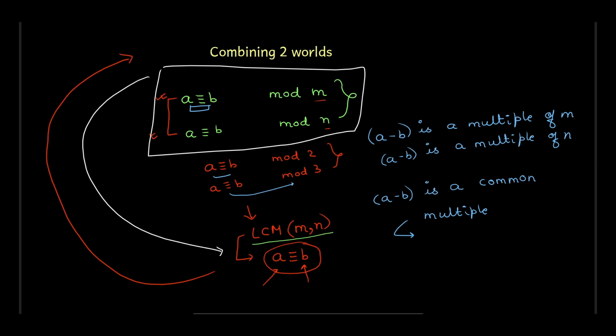That is, if I tell you that A is congruent to B in the world of LCM of M comma N, then you can infer two things: if you switch to a smaller world, A will still be congruent to B in the world of M, and A will still be congruent to B in the world of N.